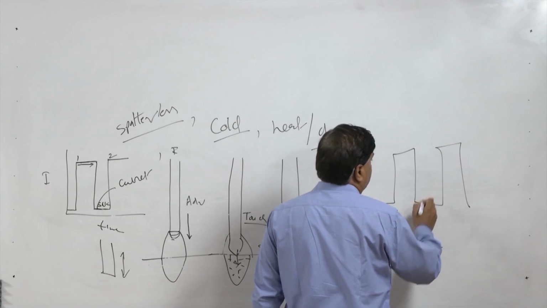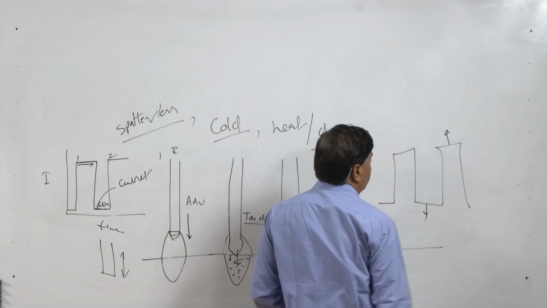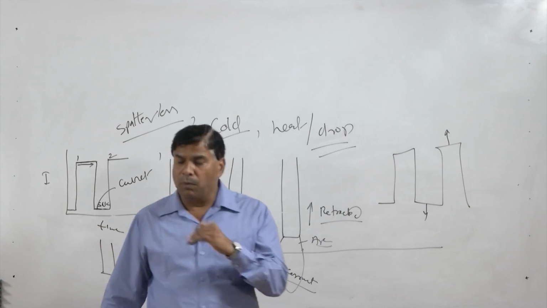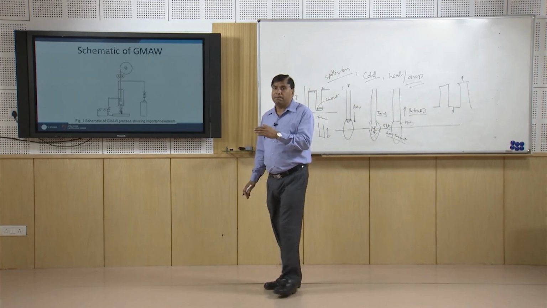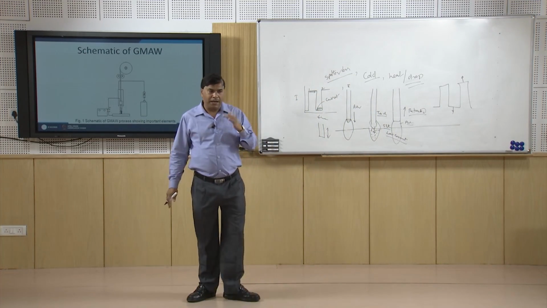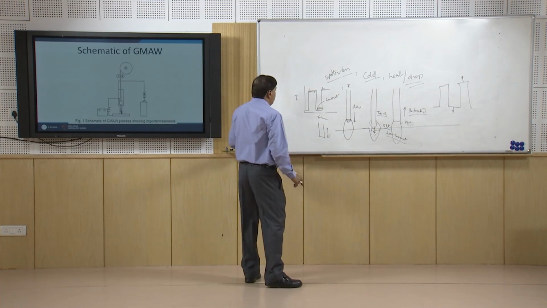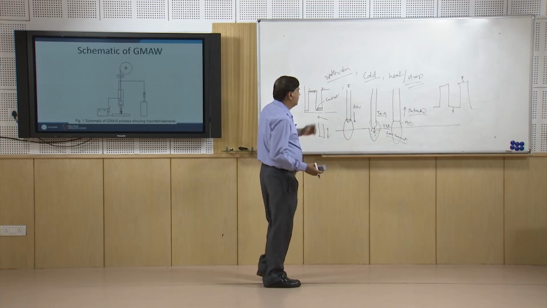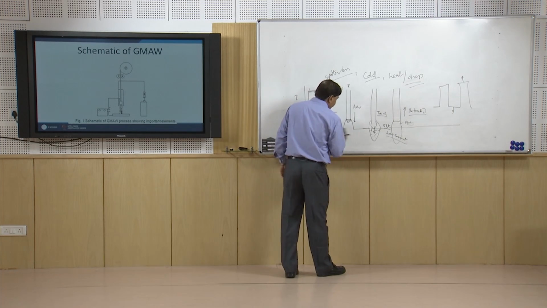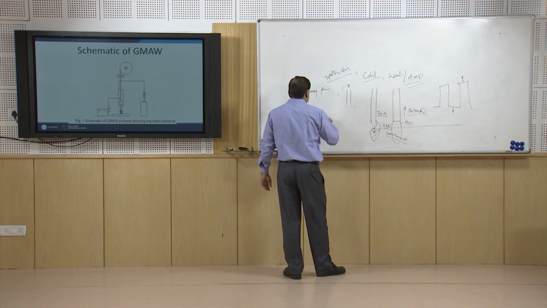Here short circuiting takes place, and this is the peak current level. So, one pulse means one drop; this kind of synchronization is achieved for the CMT process, wherein after each cycle there will be transfer of one drop.